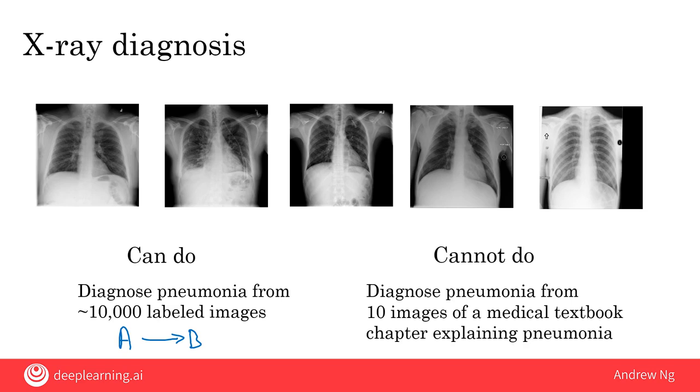But I actually don't know, given a medical textbook, what is A and what is B, or how to pose this as an AI problem, to know how to write a piece of software to solve it if all you have is just 10 images and a few paragraphs of text that explain what pneumonia in a chest X-ray looks like. Whereas a young medical doctor might learn quite well reading a medical textbook and just looking at maybe dozens of images. In contrast, an AI system isn't really able to do that today.